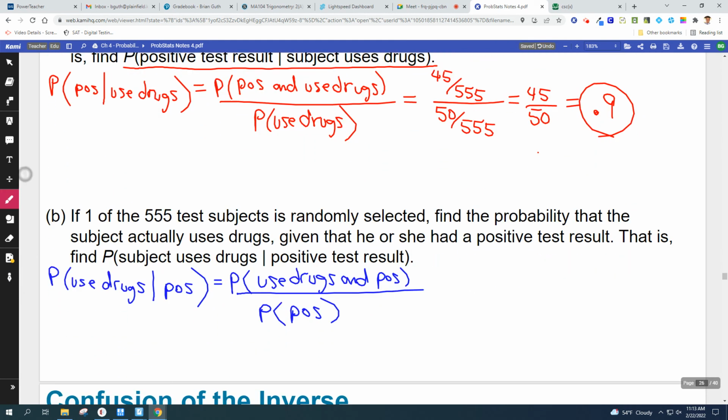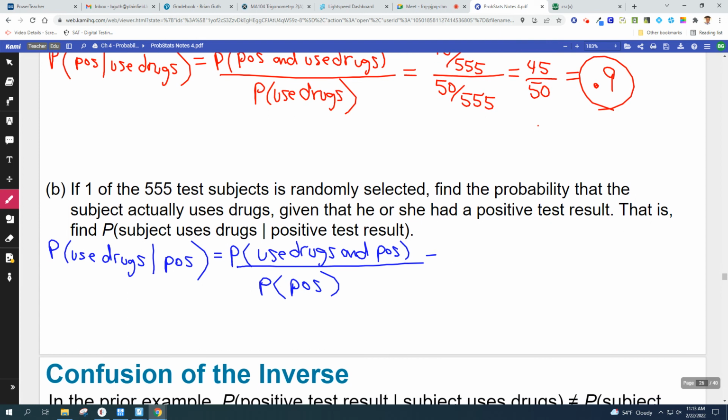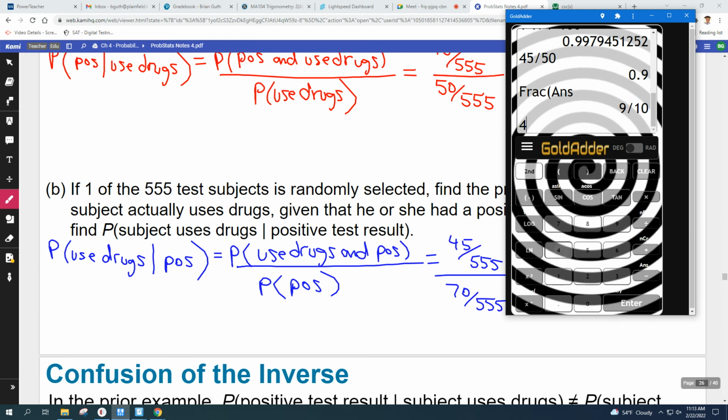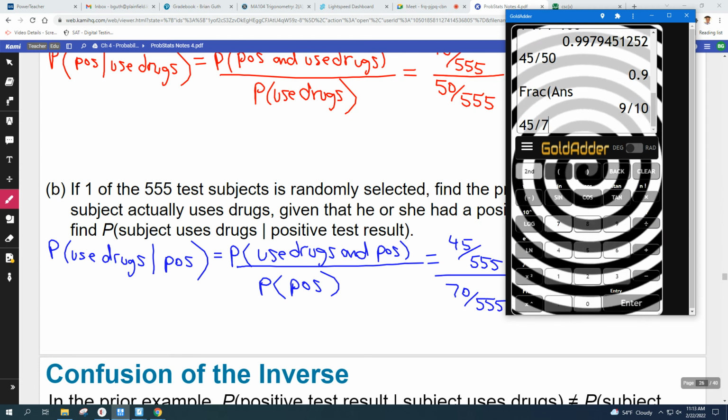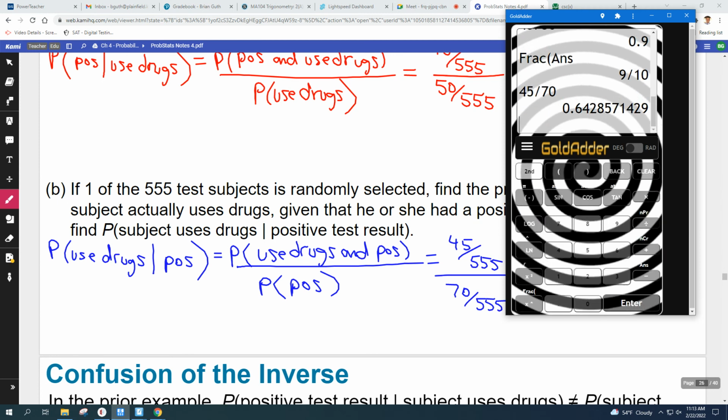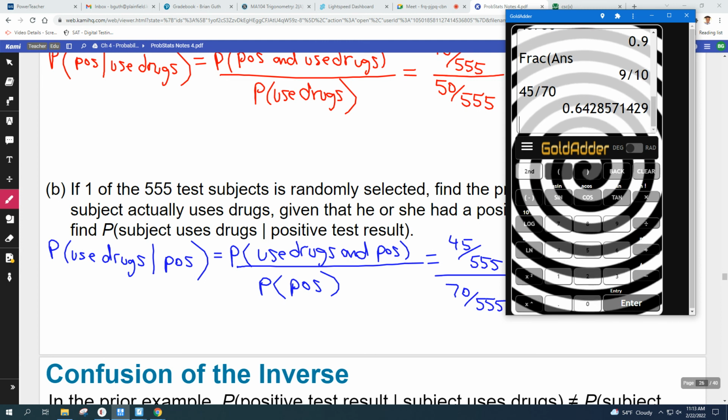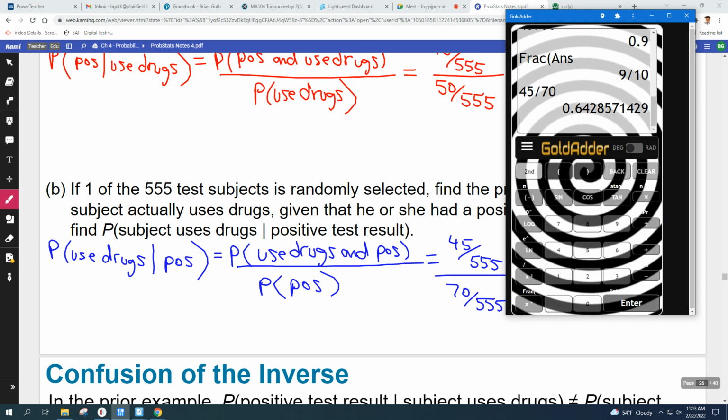So according to the formula, probability of used drugs and positive is going to be 45 over 555. Probability of positive is going to be 70 over 555. But I feel like we can skip that and go straight to 45 over 70. It's part over total. The part we want over the total thing, 45 over 70. About 0.643 or so.